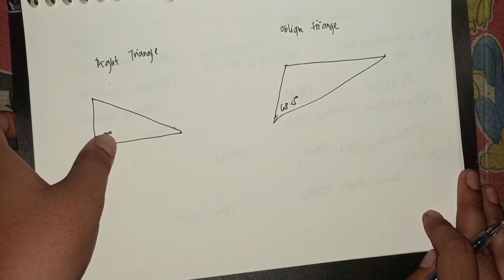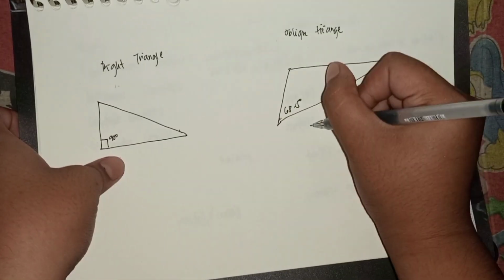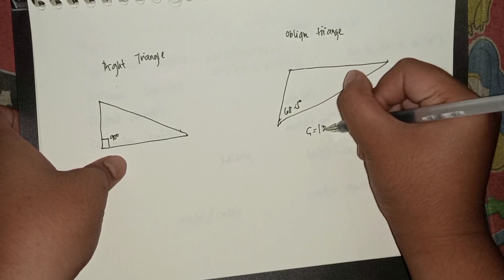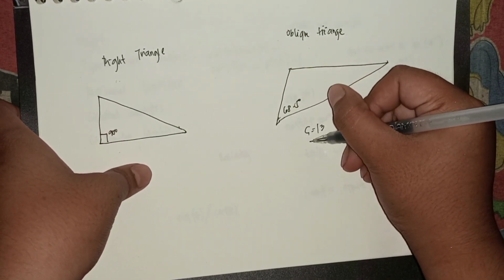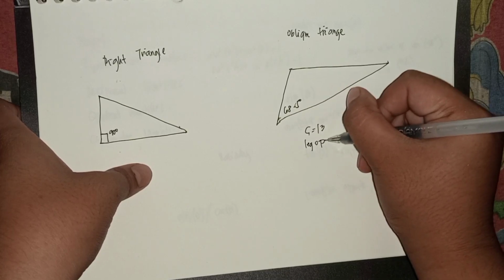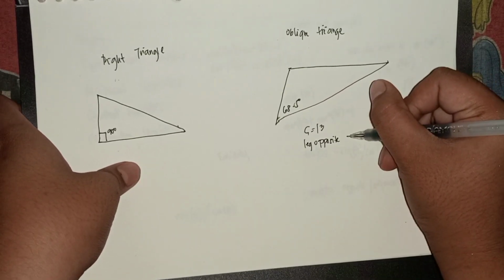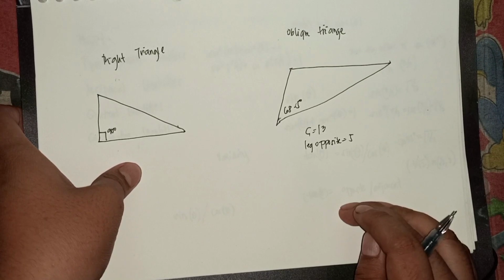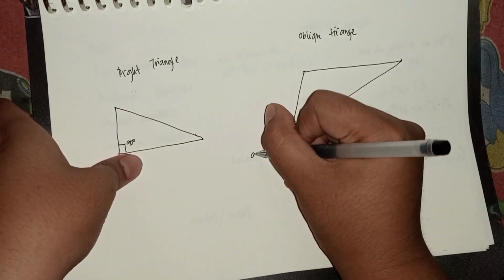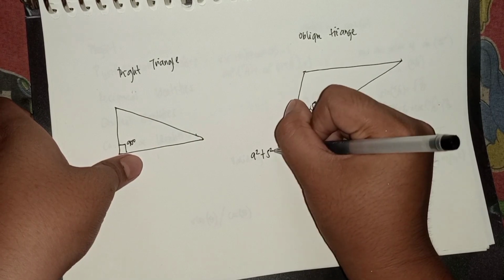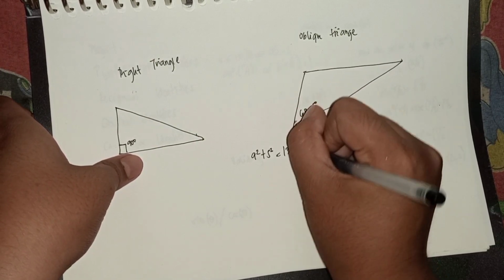In this case, we know the hypotenuse c is 13 and the one leg, the opposite, is 5. Solving for the other leg, which is the adjacent, we have a squared plus 5 squared equals 13 squared.